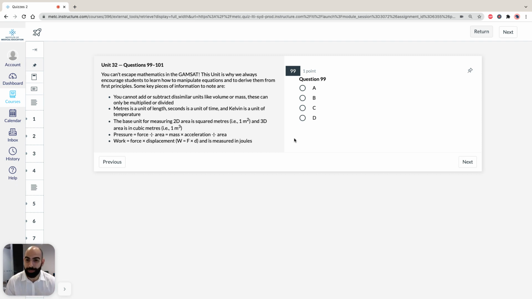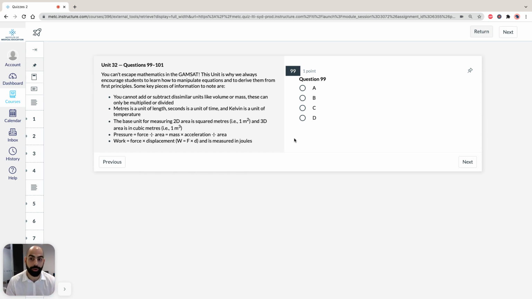You can't escape the mathematics in a GAMSAT. I love to teach that to students because if you can understand the mathematics, the arithmetic, and how to be logical and systematic in your approach, you can move up from, let's say, the 10th percentile to the 5th to the top 1 percentile for Section 3.